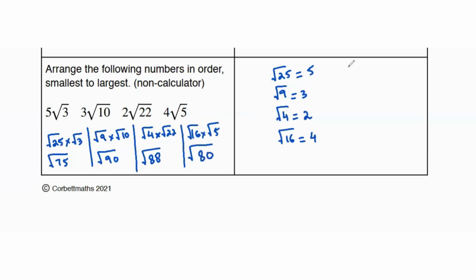So now the smallest is going to be 5 root 3. Then we have 4 root 5. Then we have 2 root 22. And lastly, we have 3 root 10. So that's smallest to largest.